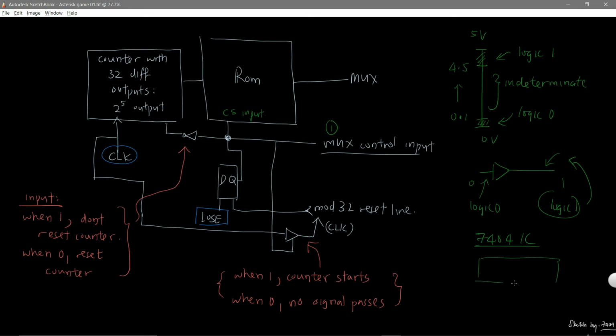This IC has a power input and a ground. So what it does is that this power input is connected to all the NOT gates. No, not 4. There are 6 NOT gates inside, it is the hex inverter.